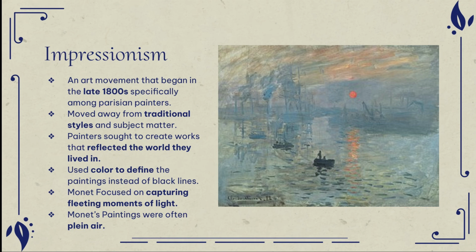It moved away from traditional styles and subject matter, specifically neoclassical art styles. Impressionist painters sought to create works that reflected the modern world that they lived in, especially everyday real life scenes, rather than creating paintings depicting historical or romantic scenes, which was common in neoclassical art.